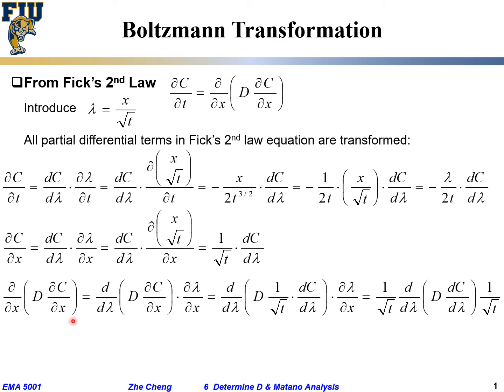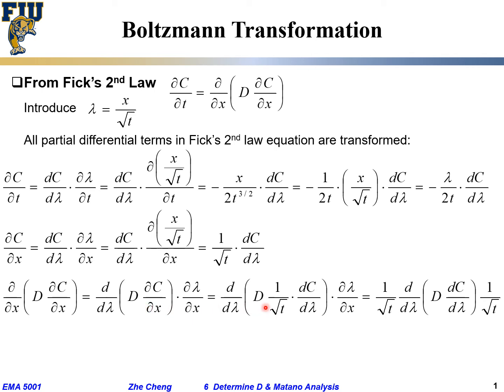From this whole thing, change from partial to complete, lambda in the denominator, lambda in the numerator, keep partial x here. It's the same trick, right? d lambda, d lambda. And inside we don't change. That's this one. Okay?